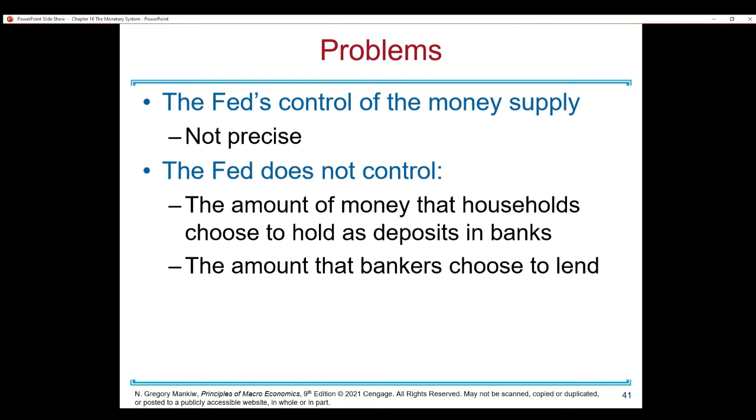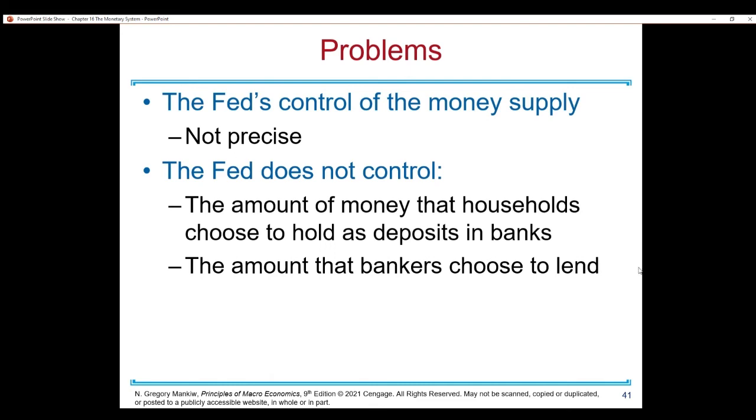So if banks behave in a certain way or have certain beliefs about what's going to happen in the future, the Fed may not be able to influence the banks the way they want to by lowering the reserve ratio or by increasing their interest rates and so on. In this case, banks would create less money than they otherwise would because they're not loaning out as much.